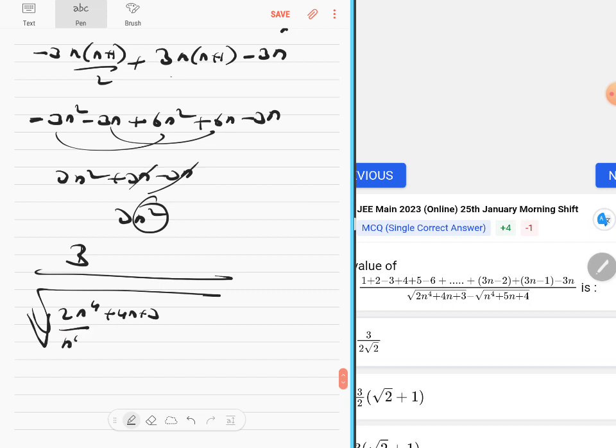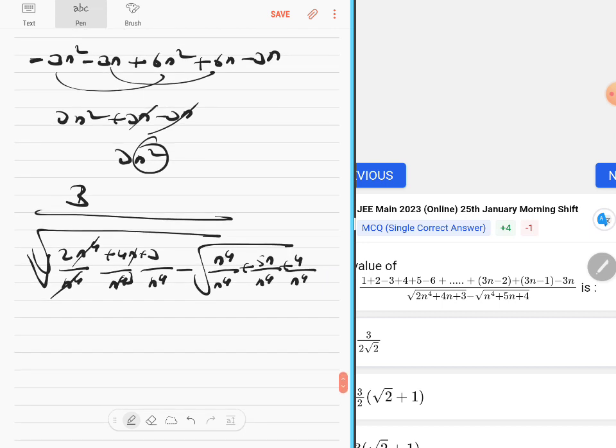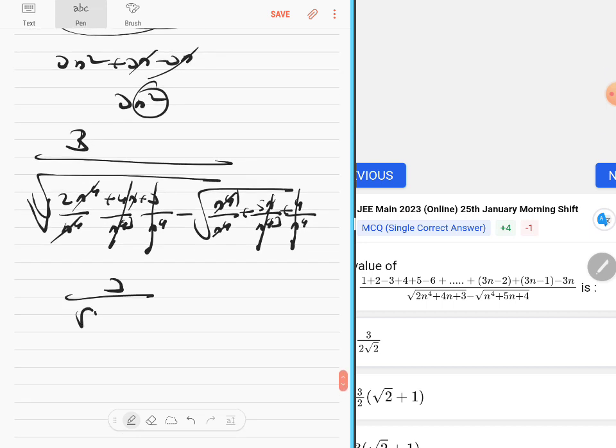So dividing by n to the power 4 throughout, this will get cancelled, this will be n cube, this will remain as it is. Minus root of n to the power 4 by n to the power 4 plus 5n by n to the power 4 plus 4 by n to the power 4. So this will get cancelled and become 1, this will become n cube, and so these parts will become 0. So it will be 3 by root 2 minus 1.